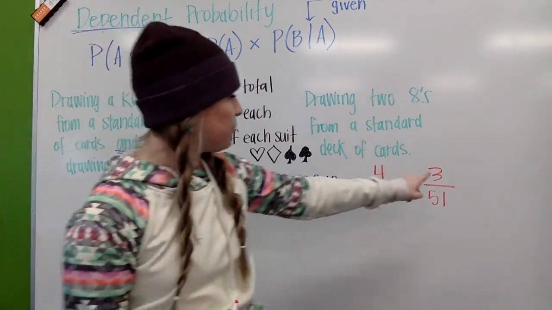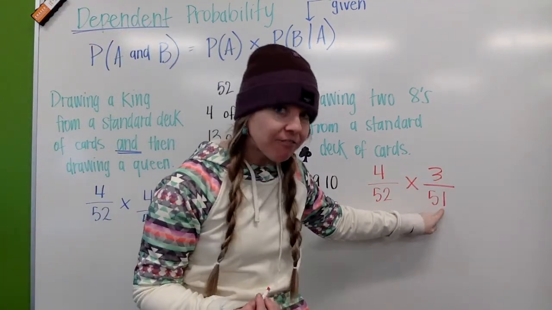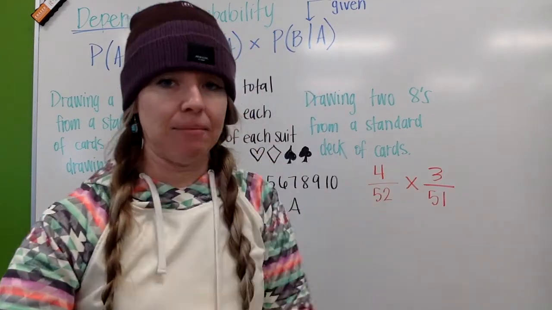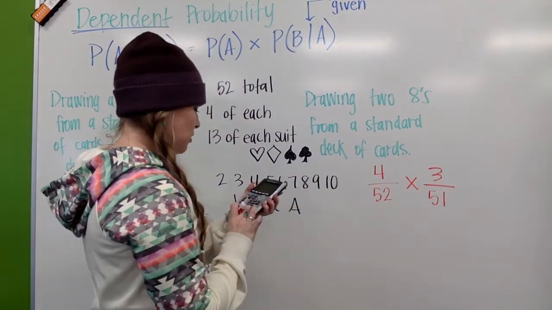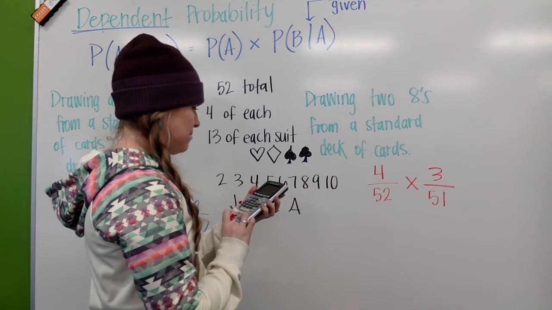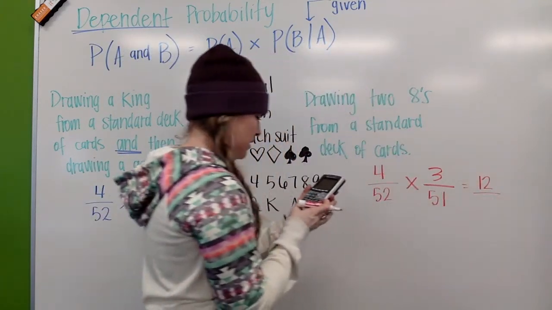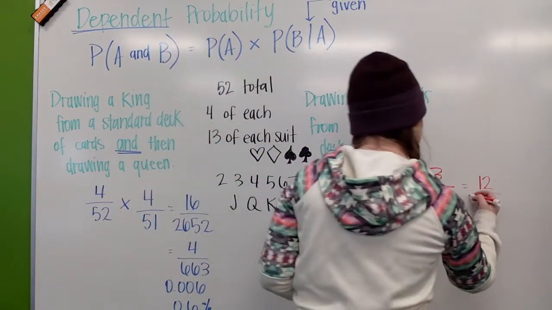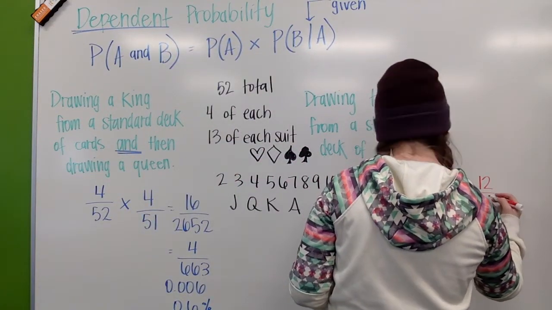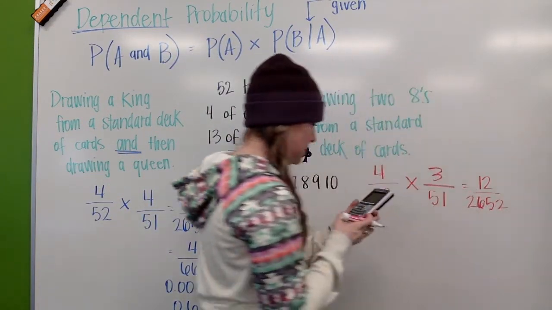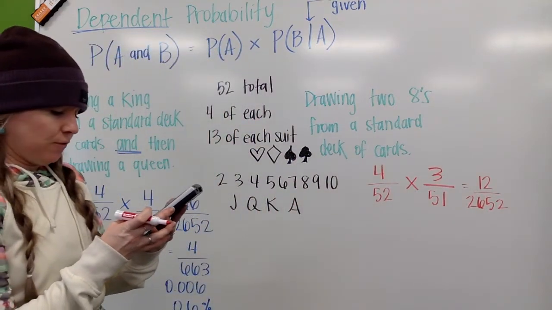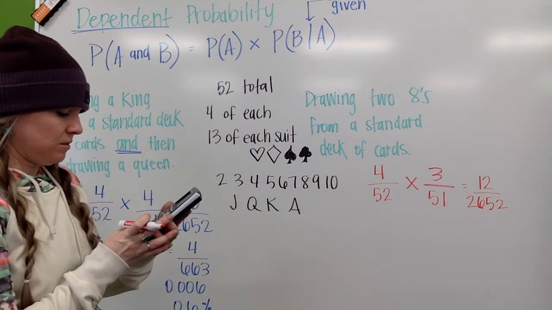So this is the probability of B given I'm already holding an 8 in my hand. So 4 times 3 gives me 12. And then my 52 times 51 was my 2,652. Let's go ahead and see if we can reduce that.